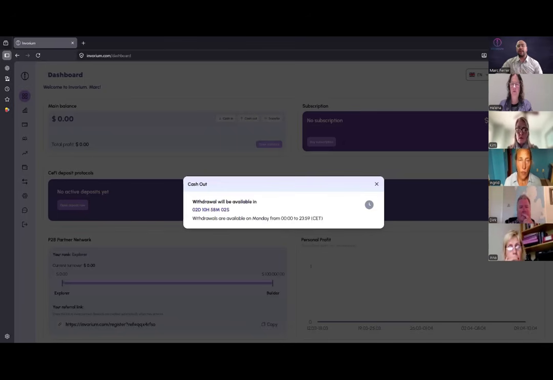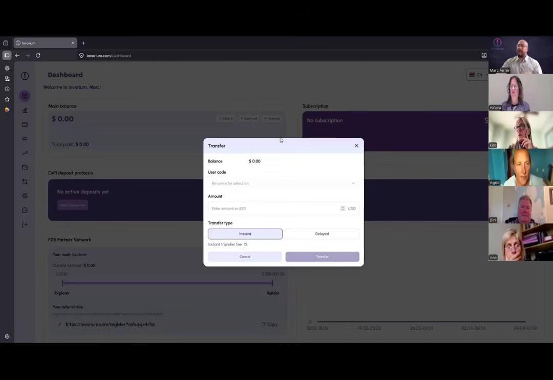Withdrawals of money are available every Monday, and the commission for withdrawal is 2.5%. The money will arrive in your wallet within 72 working hours, but in my experience and observation, it arrives within the day, sometimes faster or sometimes longer.